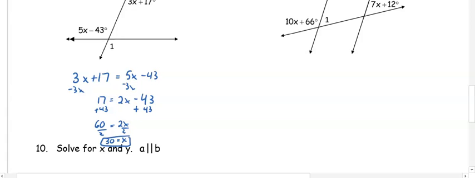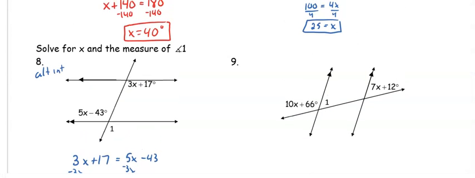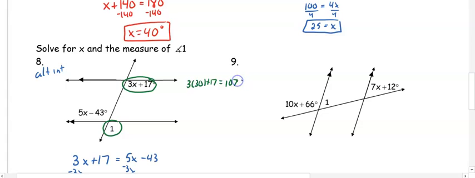Now we're not done yet because we want to find the measure of angle 1. So angle 1 and this angle are corresponding angles. So what I'm going to do is I'm going to substitute in my x value. So 3 times 30 plus 17 is going to get us 107 degrees.